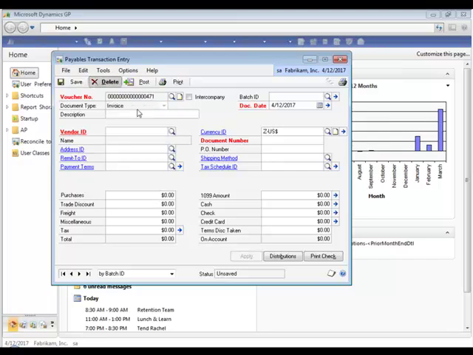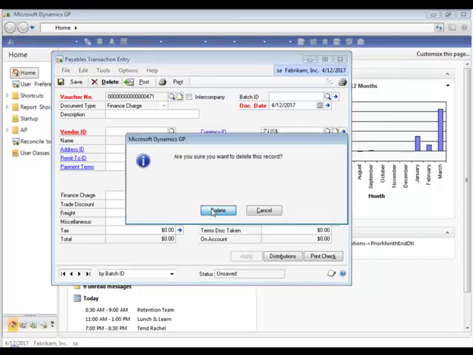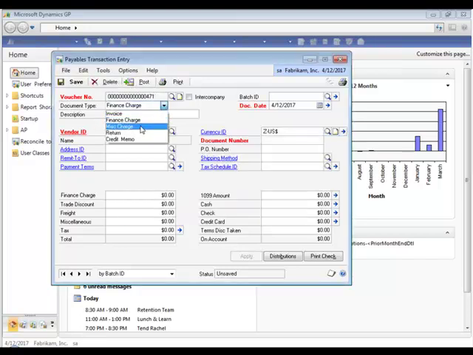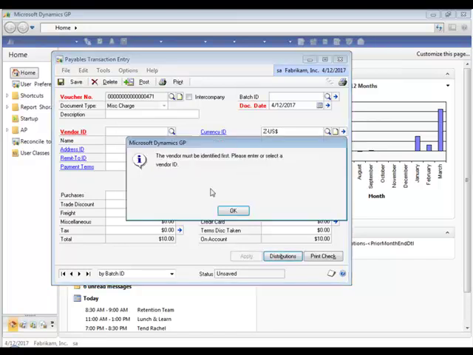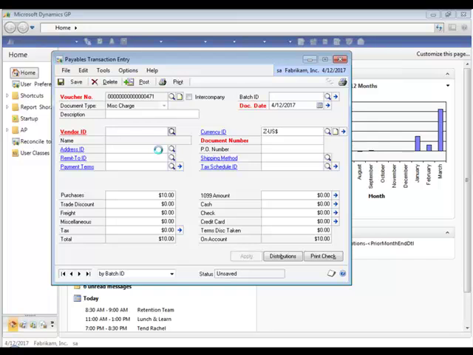Once I click off that, you can't see the change, so I'll clear it. If it's a finance charge, then this will be a finance charge. If I delete that, and go to the next one, miscellaneous charge, it'll be called a purchase, but it'll be tracked as a miscellaneous charge. When I put in an amount and go to distributions, sorry, I've got to put in a vendor.